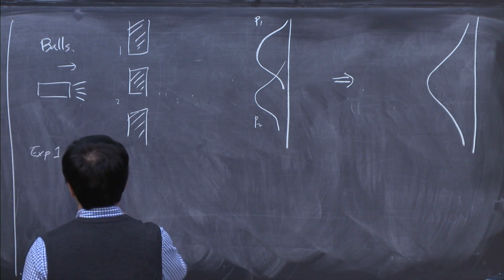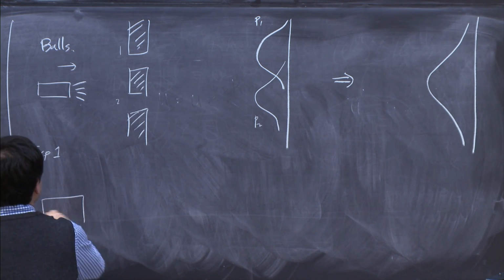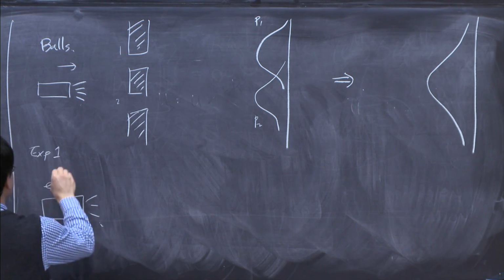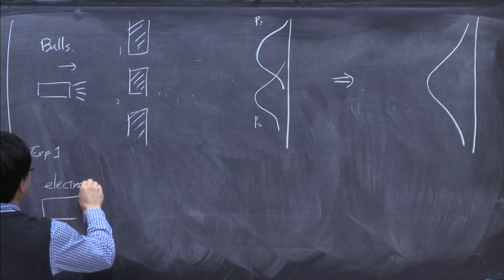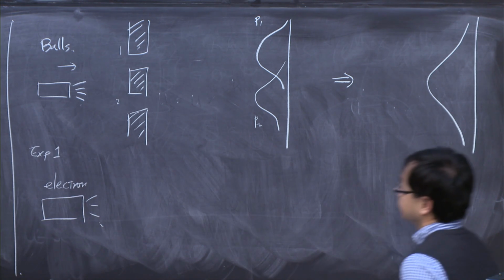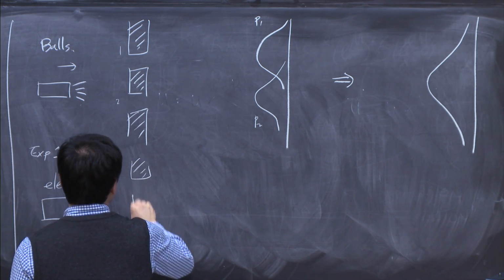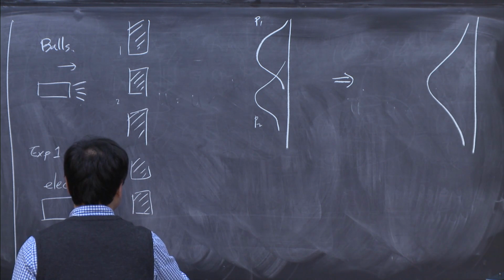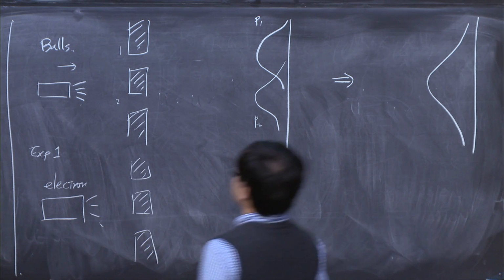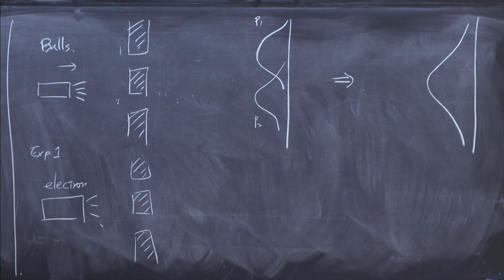Now the experiment which we perform, instead of billiard balls, is the same experiment with electrons. All right. And again, all those electrons pass through this two-slit experiment.